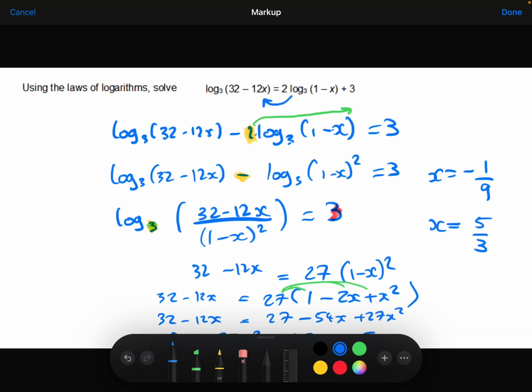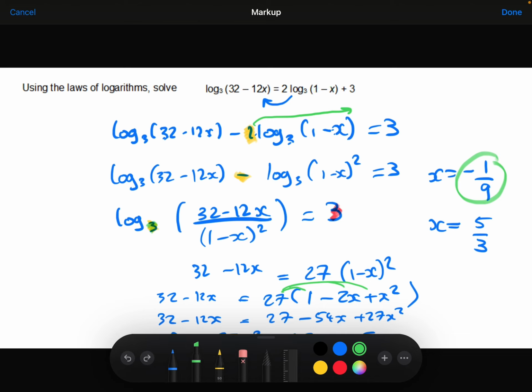So yes, we're going to check both of those in the original expression. Now I can substitute the minus 1 over 9 in here easily, because that's going to turn into a positive, and the 32 plus the positive number will be positive. The 1 minus minus 1/9 will be positive as well.